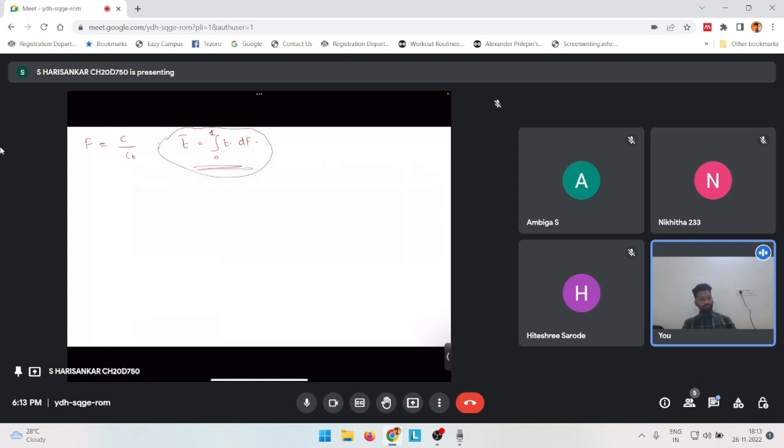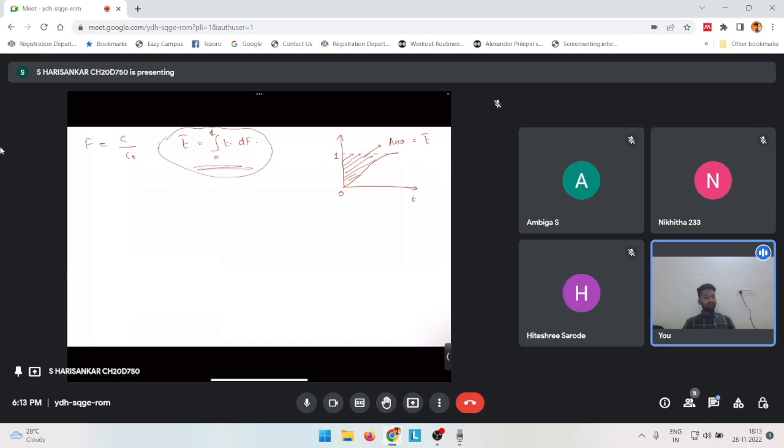Well, that means, if we have an F curve like this, where this is 1, this is 0, and this is t, the area here is the mean residence time.